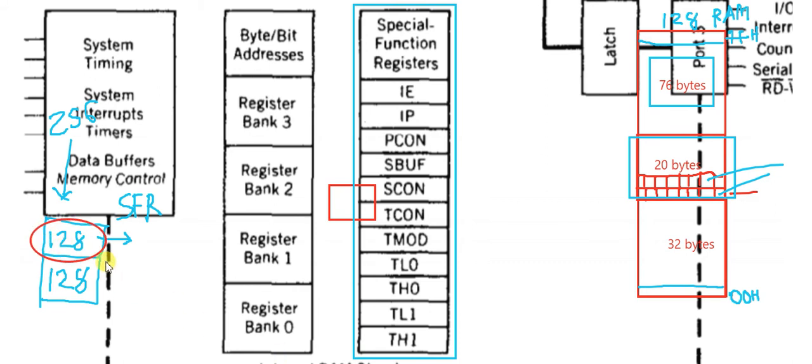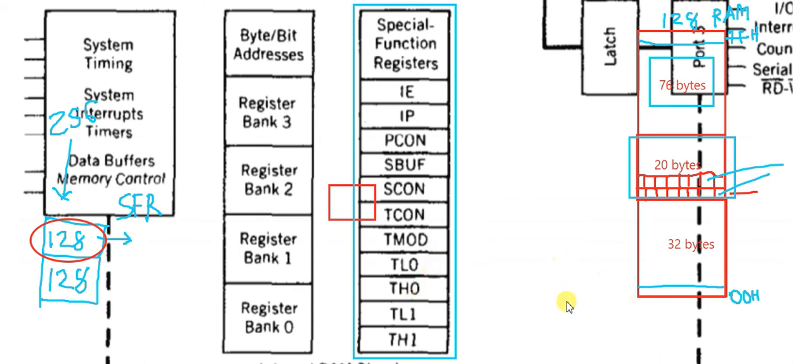Okay, so in the upper 128 bytes there are special function registers which are used to configure the microcontroller, and they are inside the upper 128 bytes of RAM.